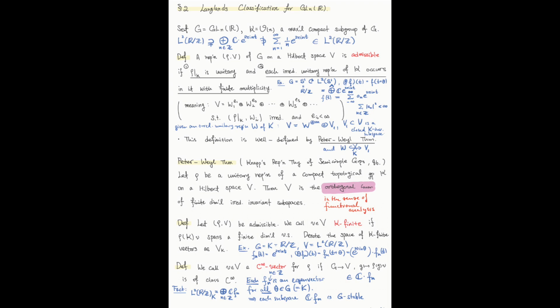It's not an example which matches exactly this setting here, but we take as our group G the compact group S1, which is basically the same as SO2, the circle group, and we let this act on the L2 space of S1 by the usual action.